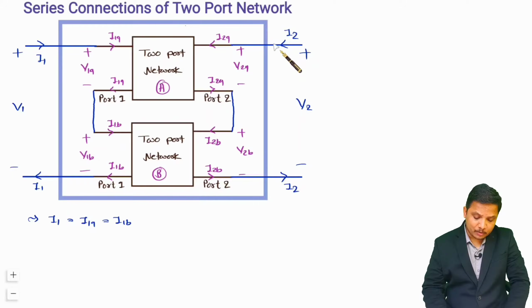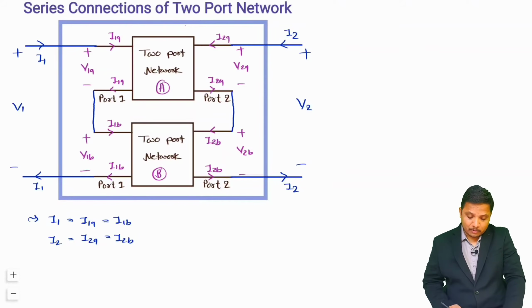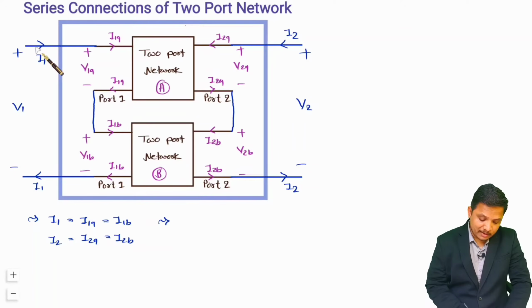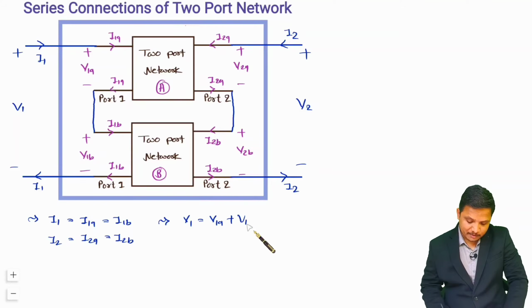Now if you see this current I2, it equals I2A, and this I2A equals I2B. So I can say I2 equals I2A equals I2B. Now to get a relation of voltage, at port 1, if we apply KVL in this loop, then V1 equals V1A plus V1B.